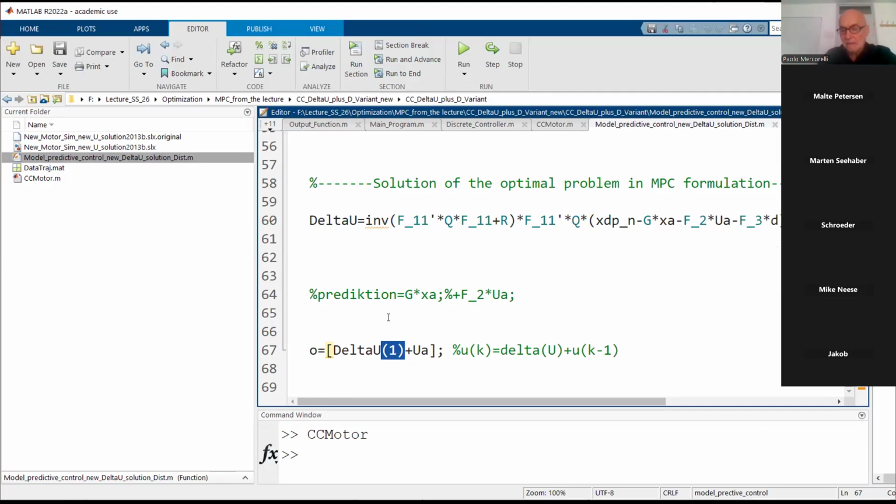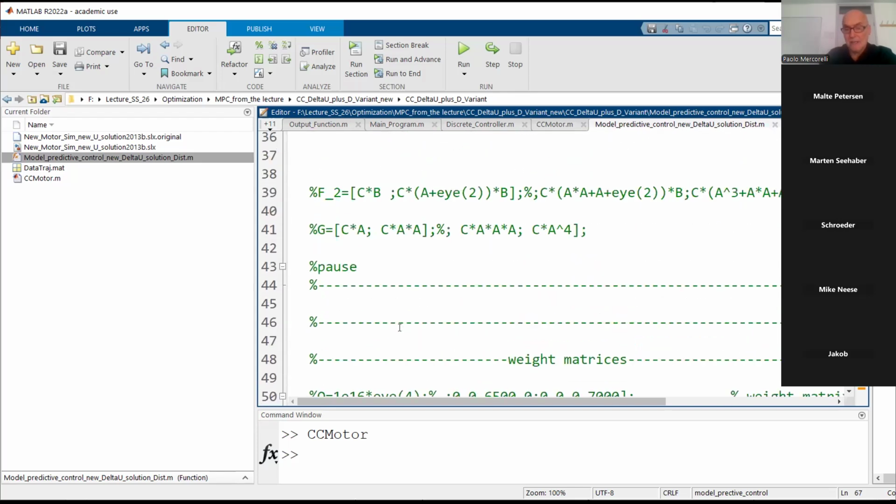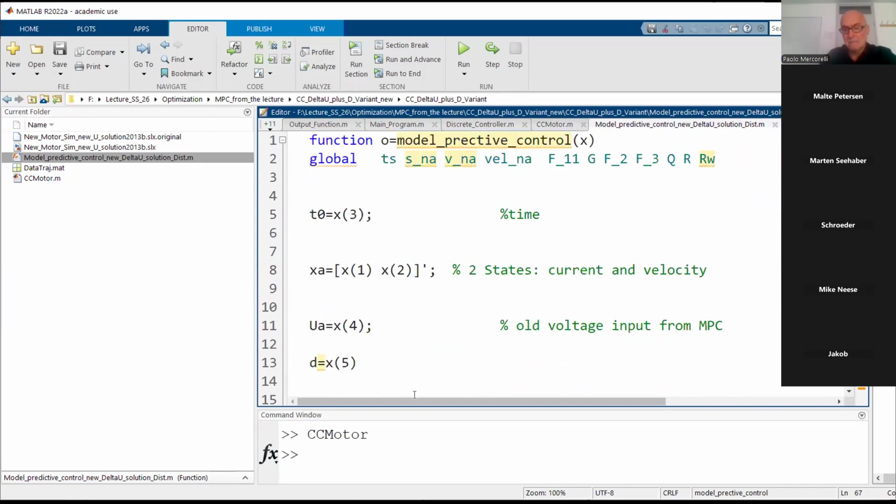And this UA is the previous one, but u, not delta. Because the delta is just an auxiliary variable, if you want, to optimize. Each time I optimize the input for the system using the optimal delta.